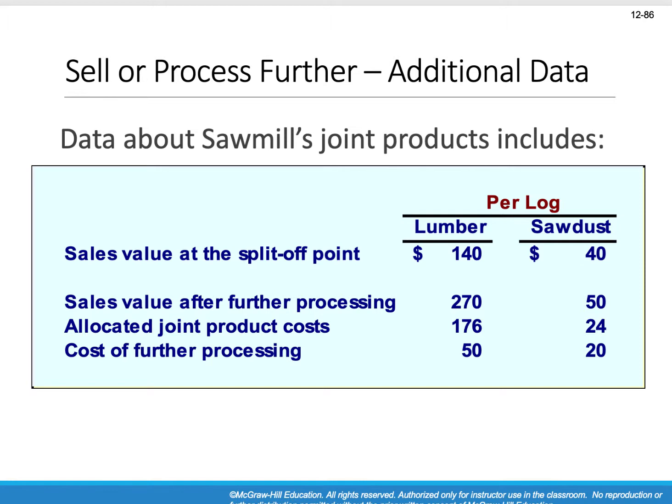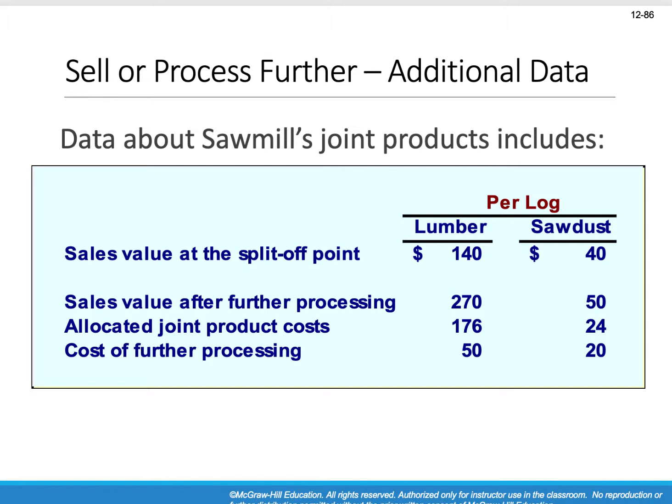Well, first thing we've got to do is get some information about the logs, and about the split off point, right? Up to the split off point, what are our costs? What is our revenue? Well, at the split off point, this unfinished lumber, we can sell it and it looks like we get $140 per board.